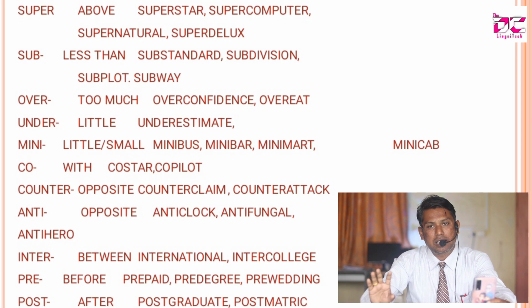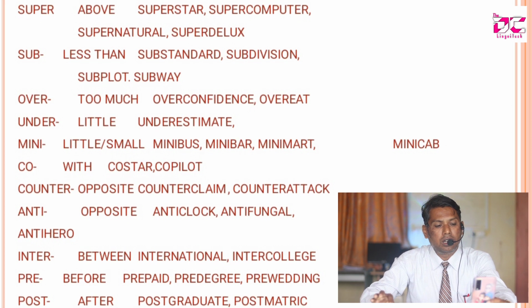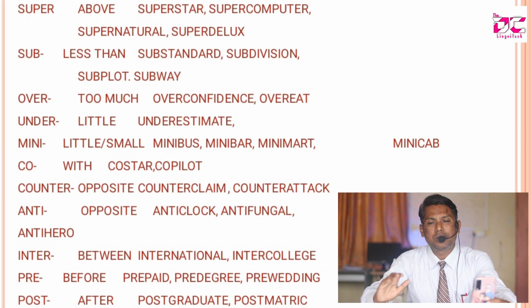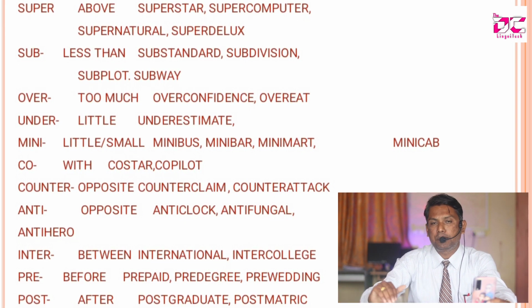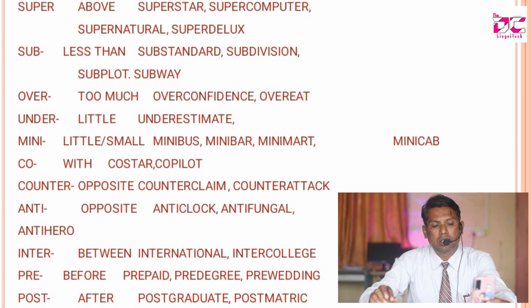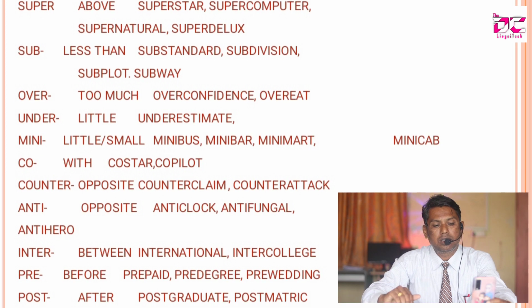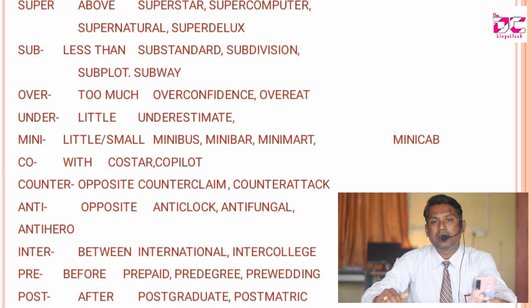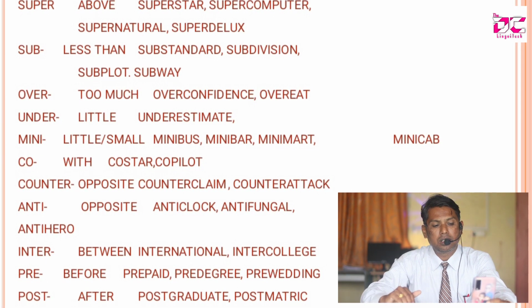Some of the people have started pre-wedding sessions. Next one is post. Post does mean after, like postpaid. Most of the people have postpaid cards, or postgraduate, after graduation, or post-matric scholarships. These are some of the prefixes we studied.